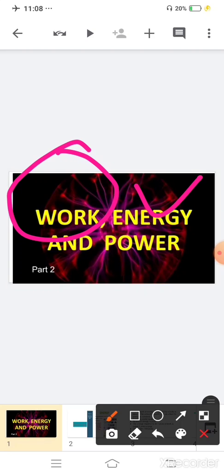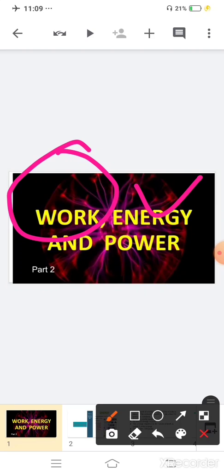Basically work means a physical or mental activity. But in physics language, work is done when there is some displacement when you apply force. Work is said to be done when you apply force to any object and it is displaced in the direction of the force applied.